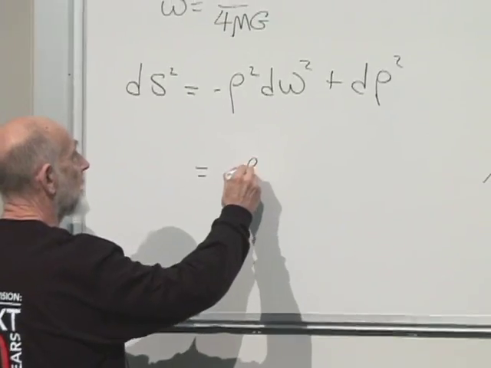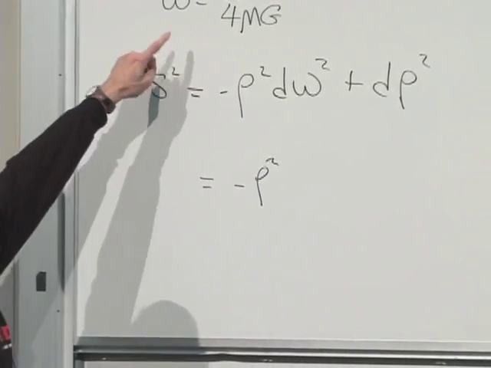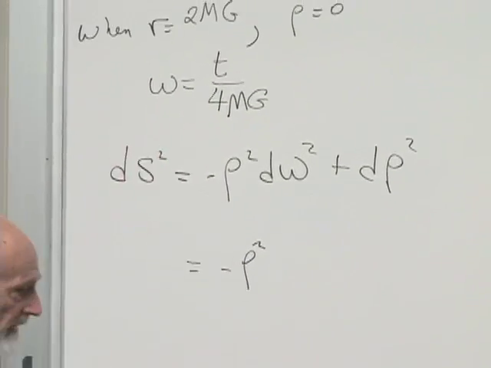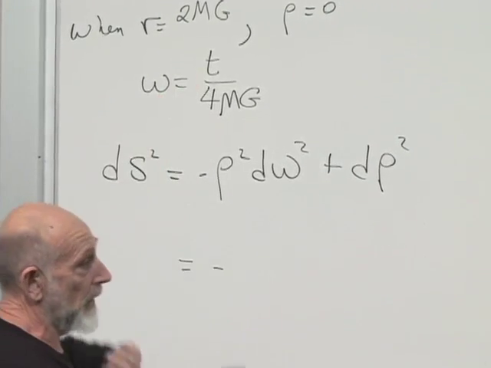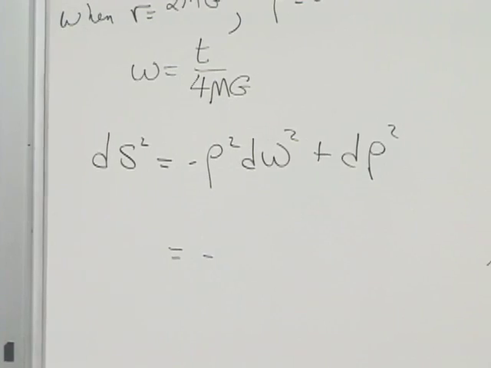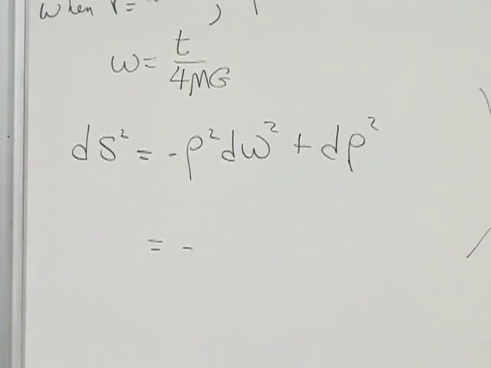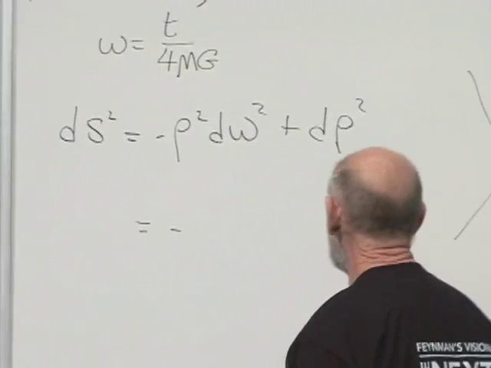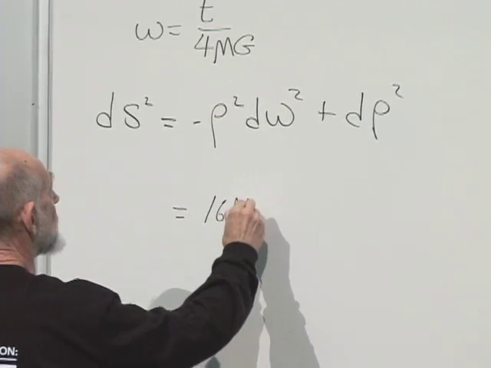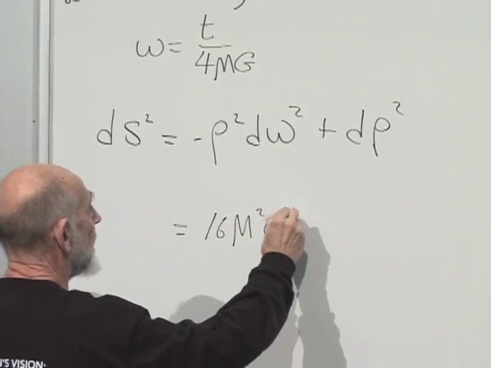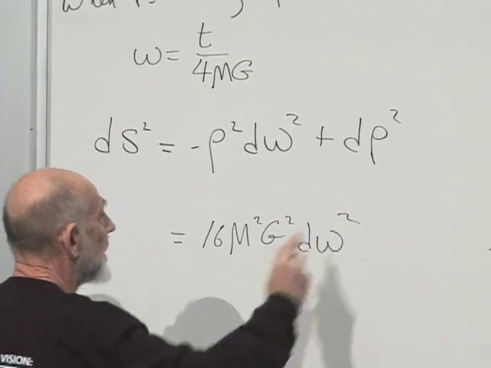All right, so far from the black hole then, ds squared is, let's write, I just want to write dt squared because there is no interesting factor. So what is dt squared? dt squared is 16 m squared g squared d omega squared.